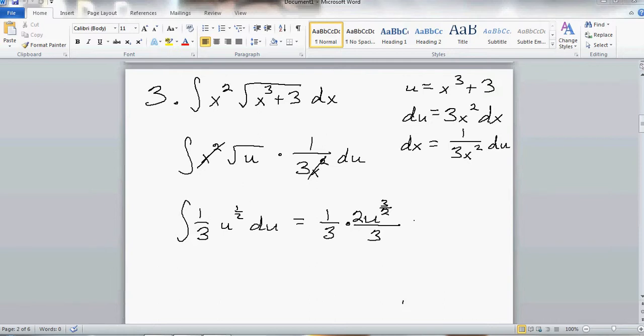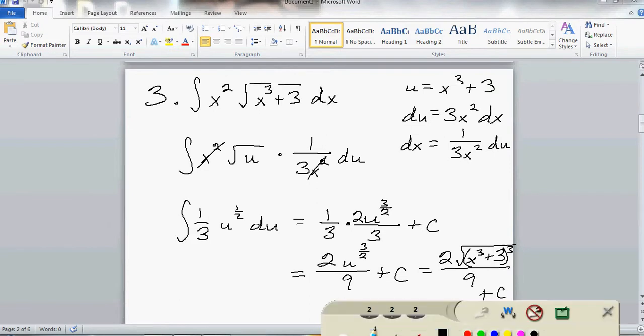And so plus c, and so cleaning this last step up, we get 2u to the 3/2 over 9 plus c, and then resubstituting back in for u, we get 2 times the square root of x cubed plus 3, that whole thing raised to the 3rd power, all over 9 plus c.